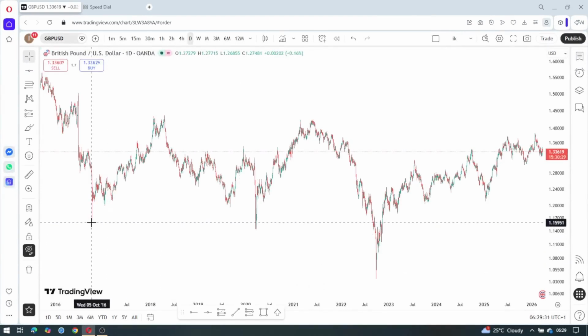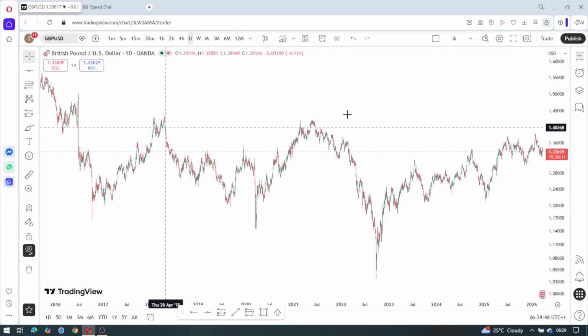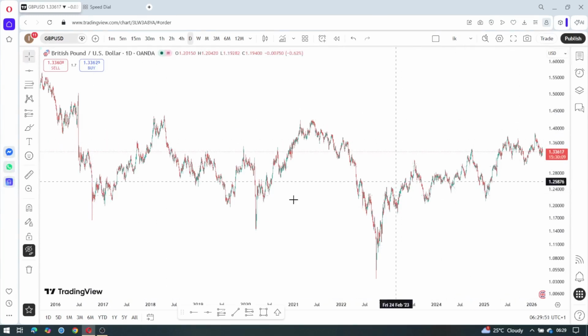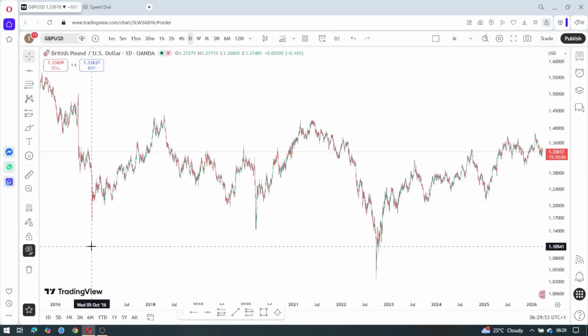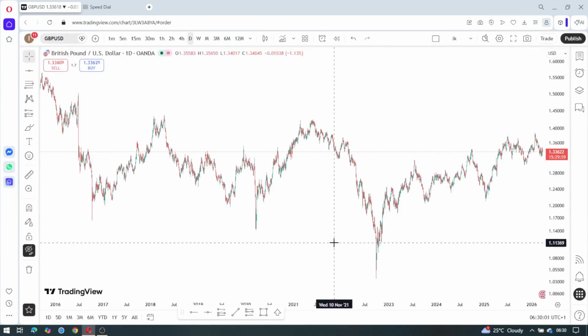Let's say since Wednesday, October 5, 2016, GBP/USD has been doing sideways. That's the interpretation, because all of here are sideways markets right now. They have been in a very long-term sideways market since October 2016. That's exactly what the interpretation is saying.